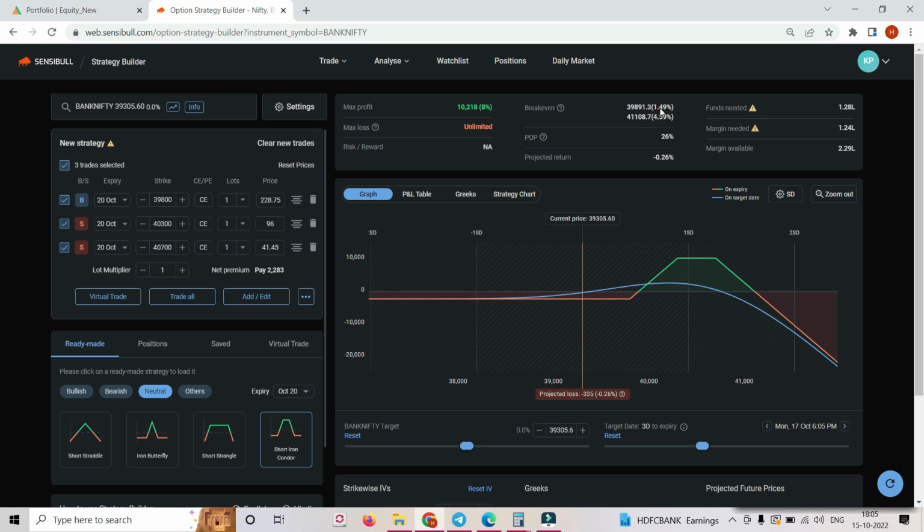I'm getting almost 4.59% safety, and my break even is almost 1.49%. From here till here I'll get minimum profit, and in this region I'll get maximum profit. But the threat of a call ratio spread is a huge gap up. That's the reason I intentionally give more loss, because I know how to decrease this loss.